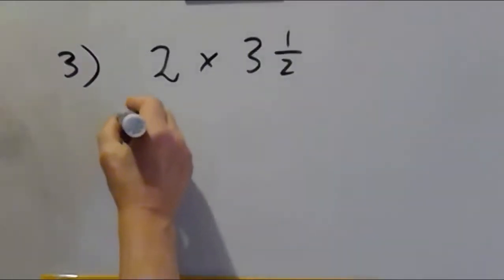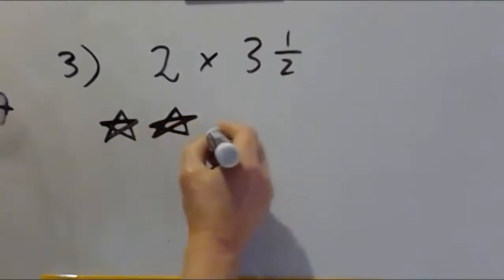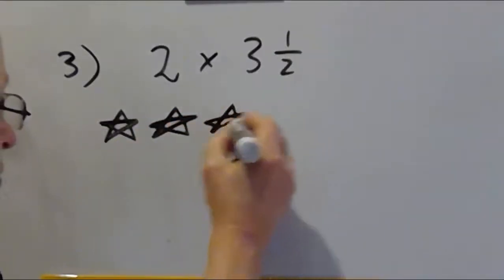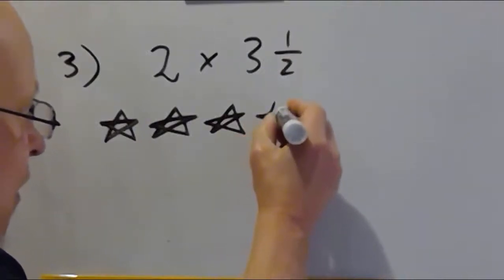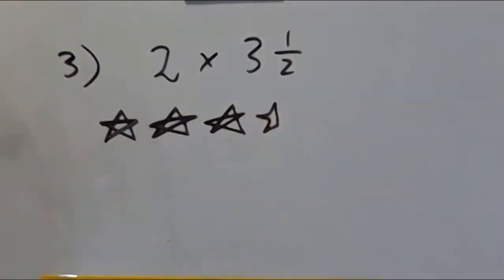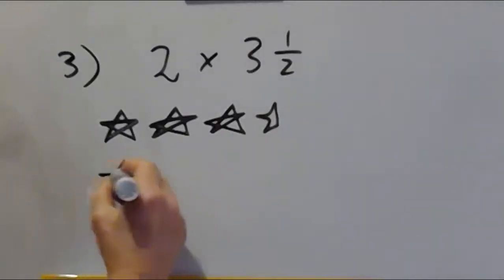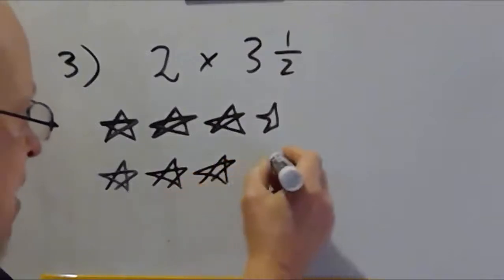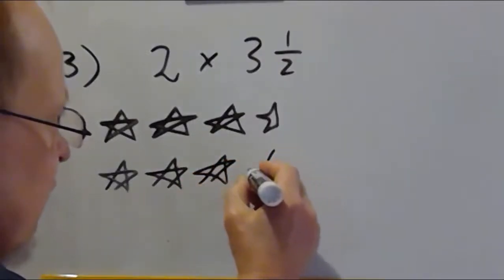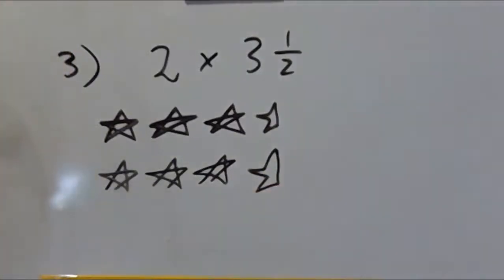So I'm going to go 3.5 stars. So I have 1, 2, 3, and I call this one, there's half of the star. And then I do 3.5 stars again. 1, 2, 3, and then I'm going to draw half a star. And there's my half a star.